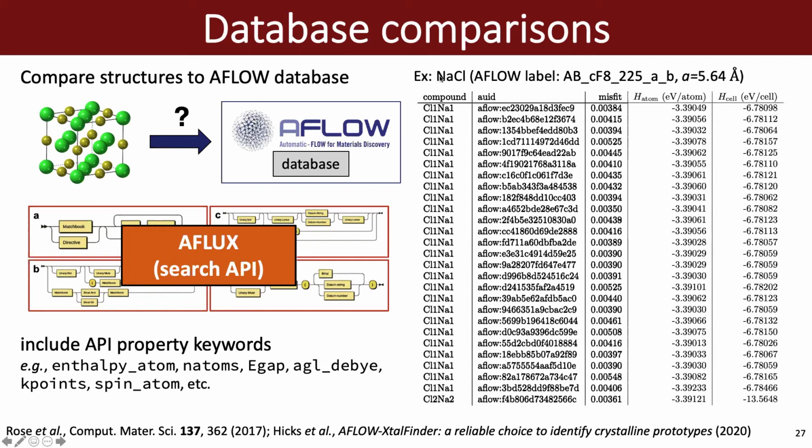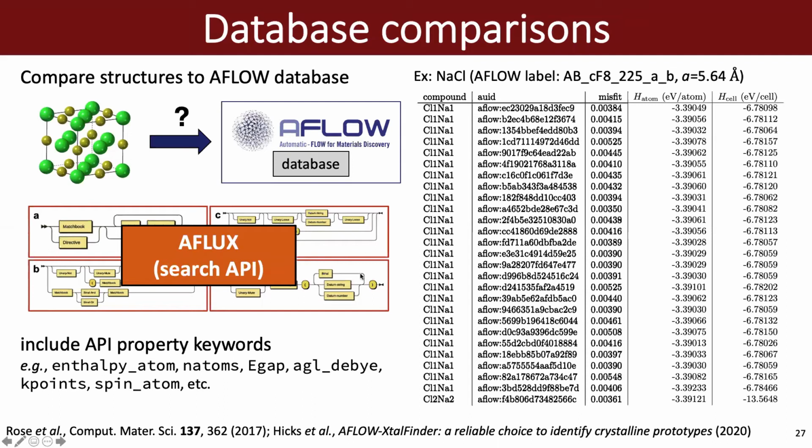So for example, we have sodium chloride, and here are all the matching compounds, and here are their unique identifiers, and then also how close the input structure matches to these in our database. And we can use some of AFLOW's API keywords, the keywords in our database, to query certain properties.